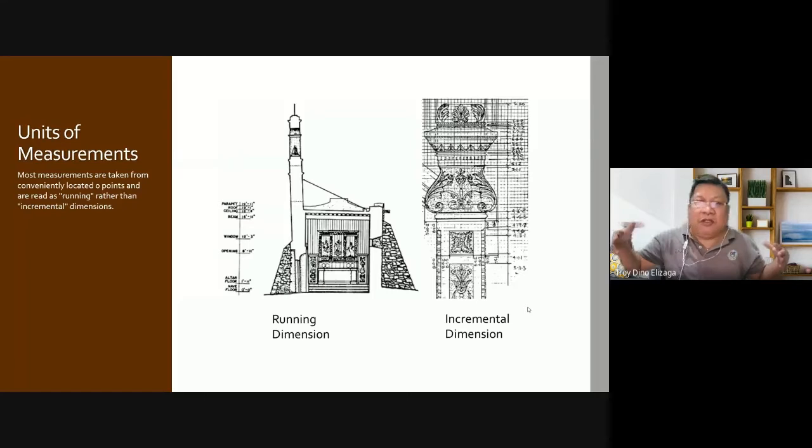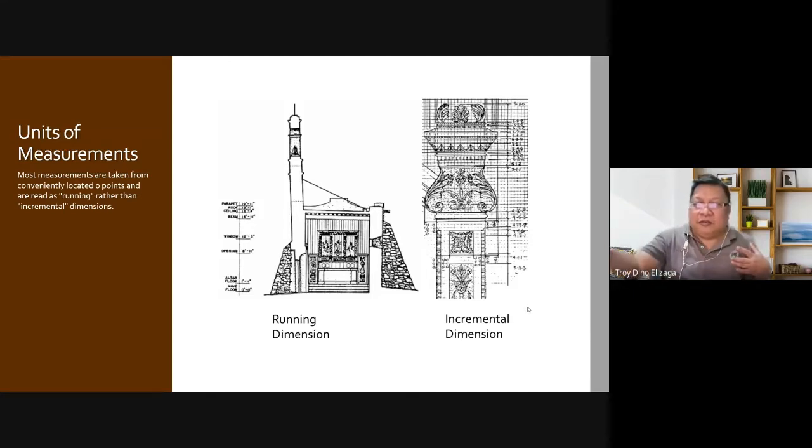So the running dimension is reliable because aside from giving you the overall, so everything has to fit within that, it also allows you a check and balance. No? So when you try to add up everything here, you'll see, why are they not adding up? There might be some increments that you mismeasured, so you can check.